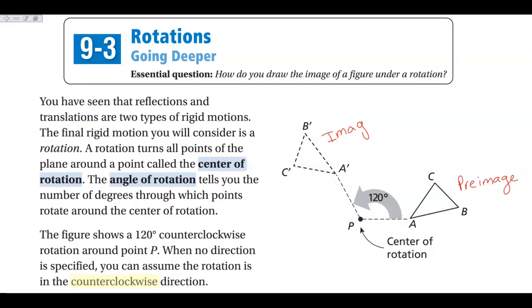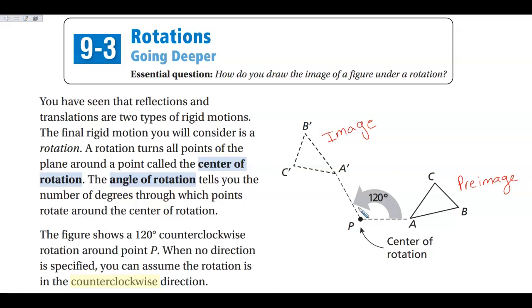If I drew the angle between C, P, and C prime, this is also going to be a 120 degree angle. So every angle that we draw between the image, your center of rotation, and your pre-image, all of those angle measures, however many you have, are going to be the same.